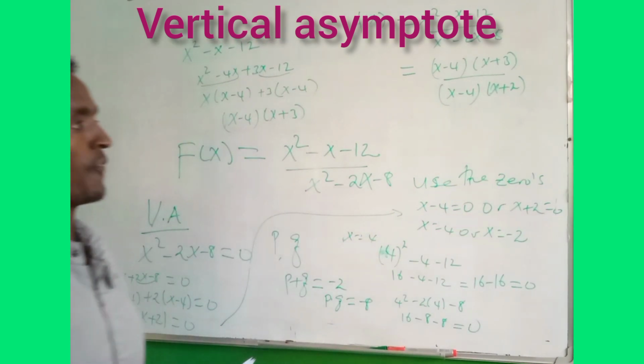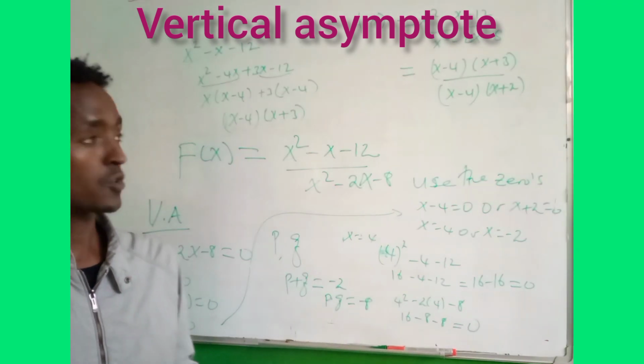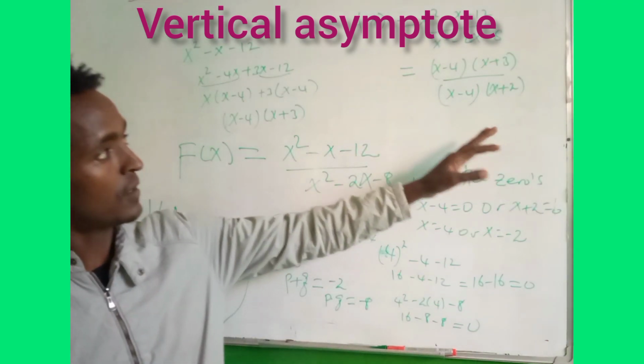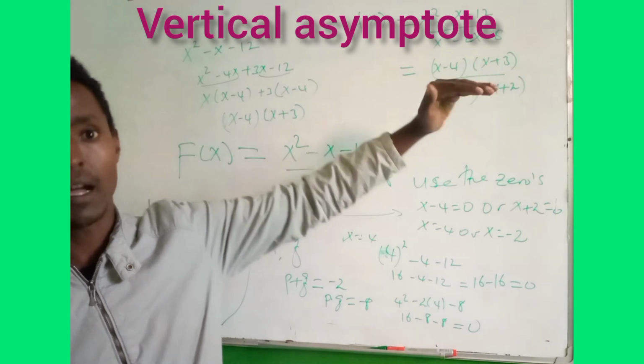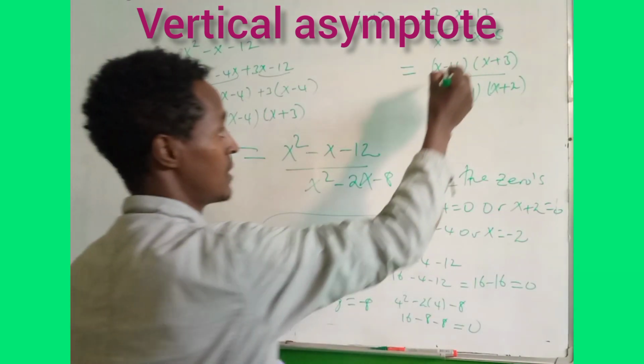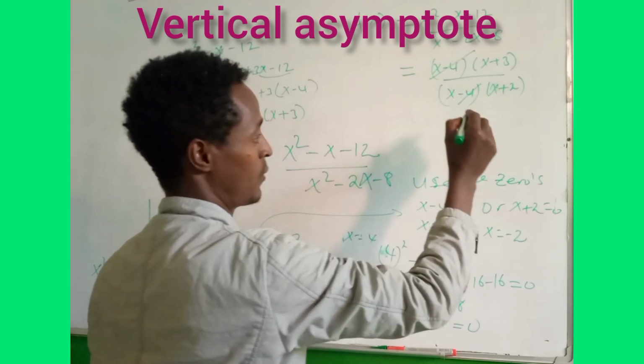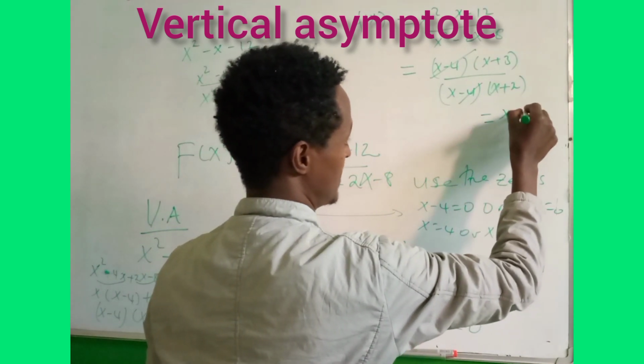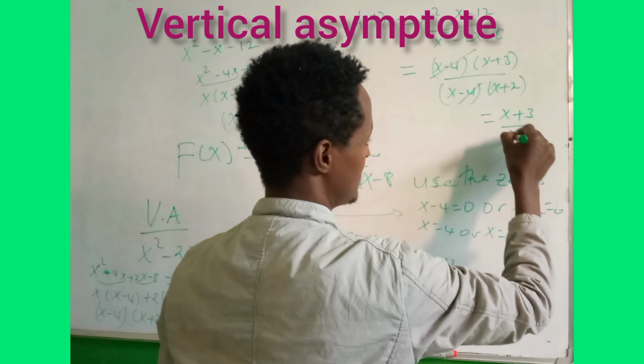So this is the factorized form of the function. As we can observe, the numerator and the denominator have a common factor, which is x minus 4. We cancel x minus 4 by x minus 4, and what is left is x plus 3 over x plus 2.